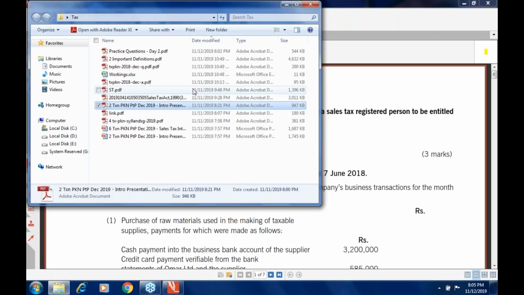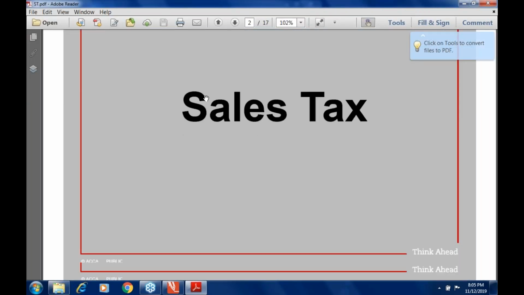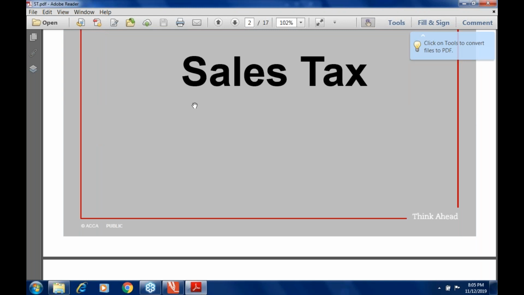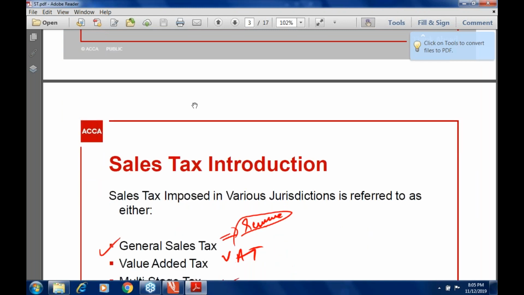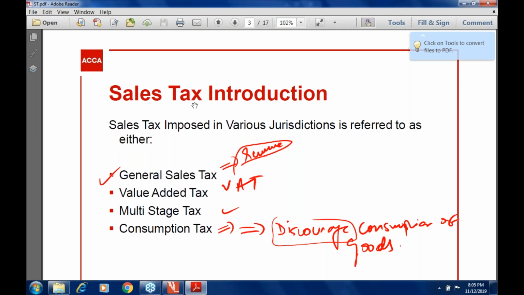And once we had a review of this syllabus, the next thing we did was we started doing sales tax. When we talked about sales tax, I gave an introduction of what exactly sales tax is.